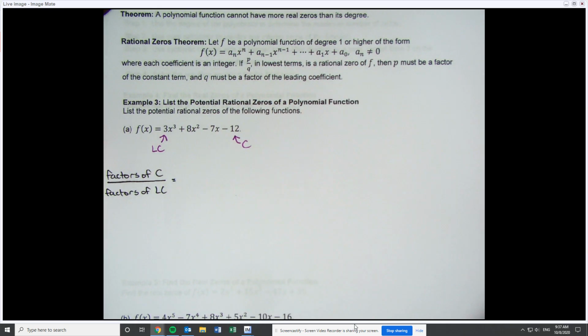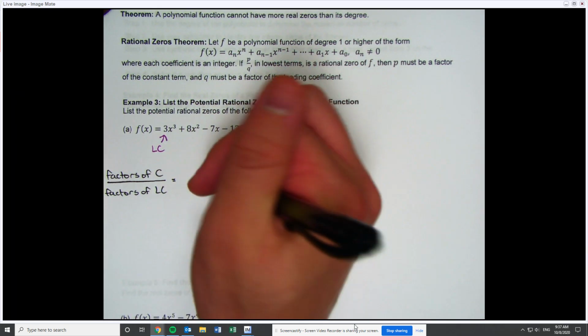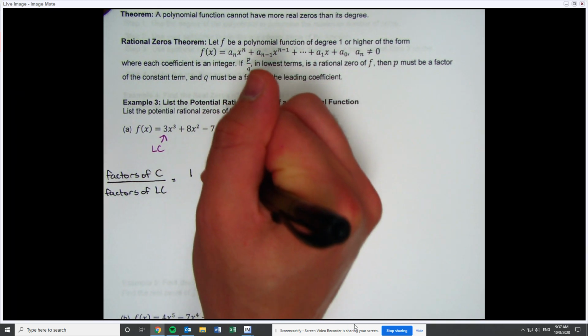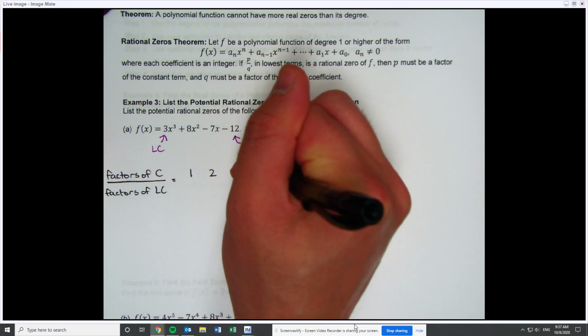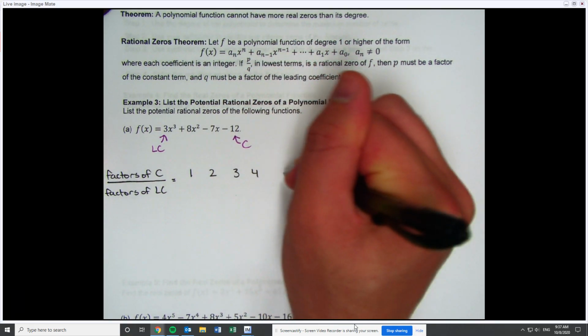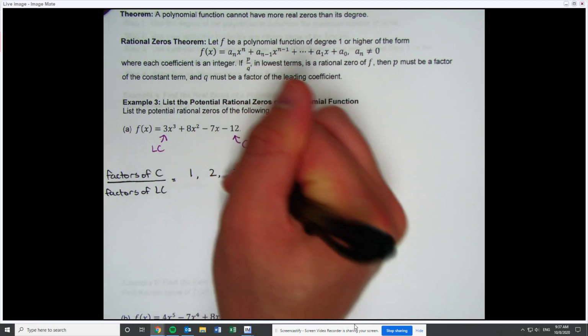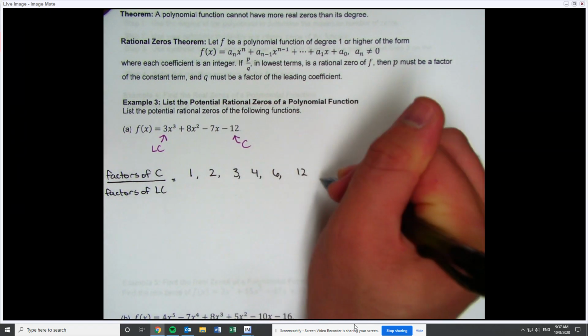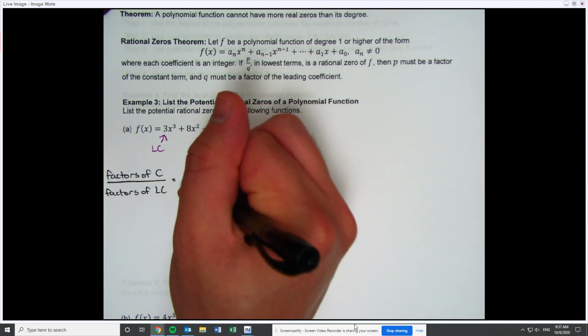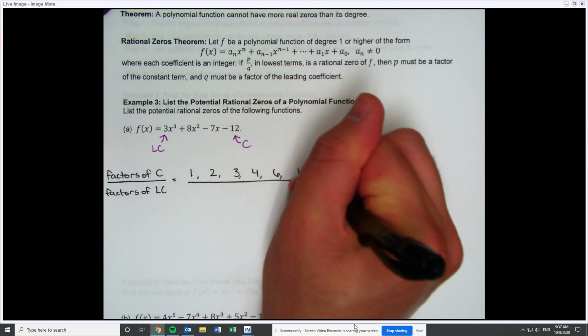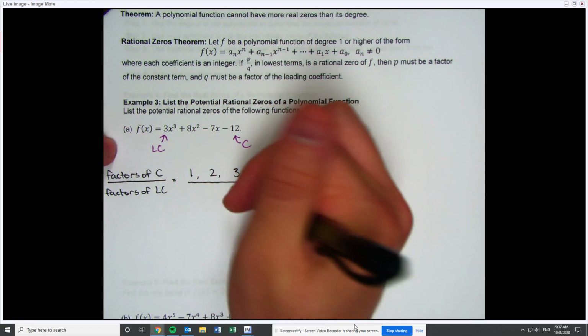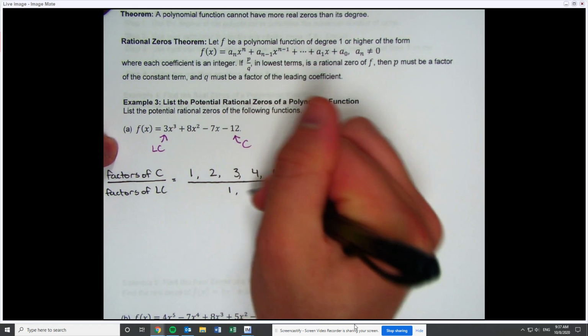All right, so my factors of my constant, I have 1, 2, 3, 4, 6, and 12. And then for the denominator, my factors of my leading coefficient 3 are just 1 and 3.